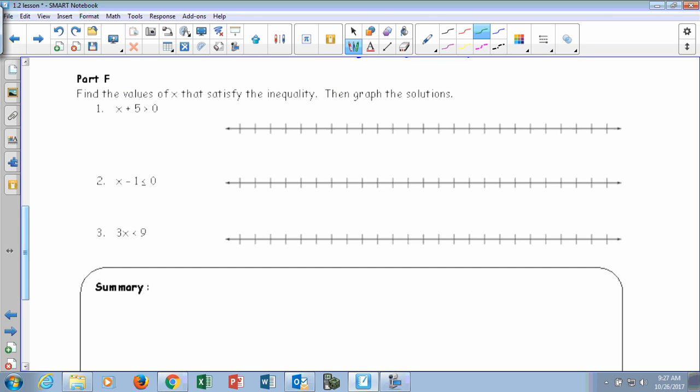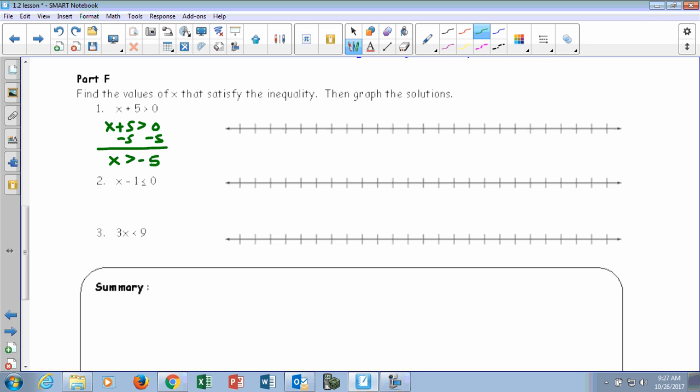So just treat this like an equal sign. So again, when we solve for an inequality, I want to get x by itself. So to get this 5 over here, I got to subtract 5 from both sides, right? Remember, you guys had a little exposure to this last year, right? So what's 0 minus 5? -5, right? So x is greater than -5.